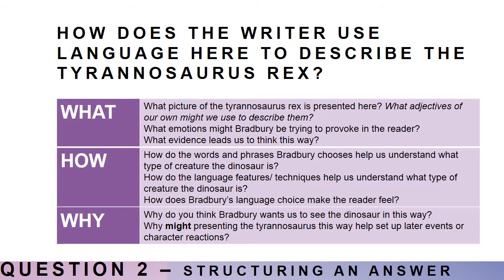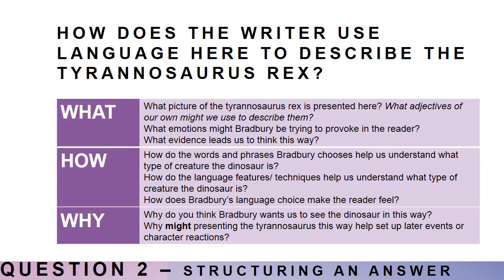So we're thinking about what the words or the techniques mean. We're thinking about what they might make us think about on a slightly wider scale. Are there any things that we associate with certain words or phrases, and what that consequently makes the reader feel or think? From looking at our what and how, we're then led on to think about our why.